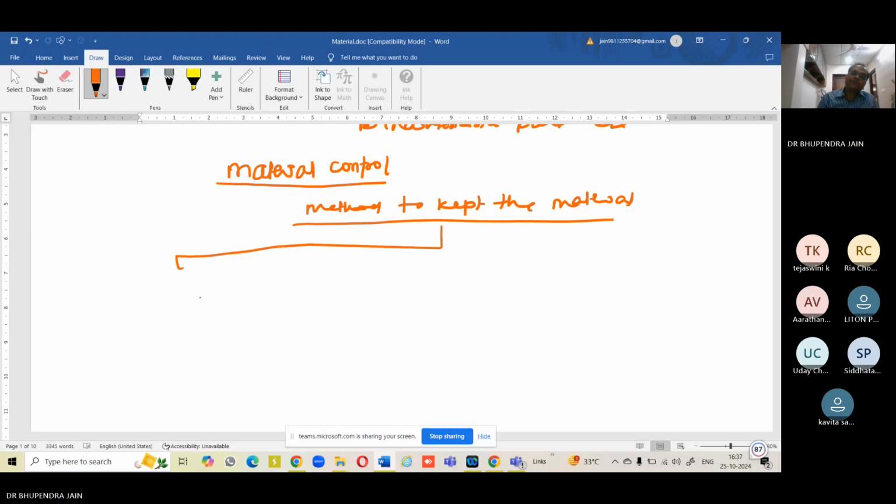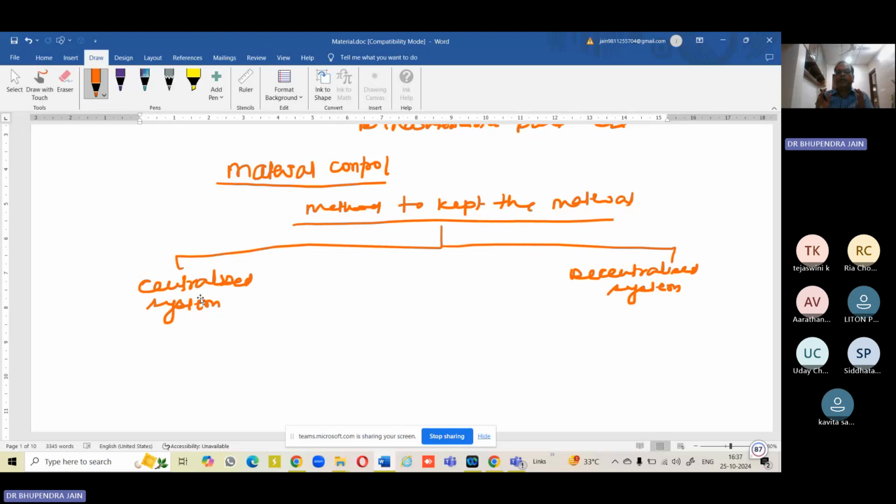Number first is the centralized system, and number second is the decentralized system. There are two types of method to keep the material inside the store. Most of the companies use the centralized system of material. What is the centralized system?